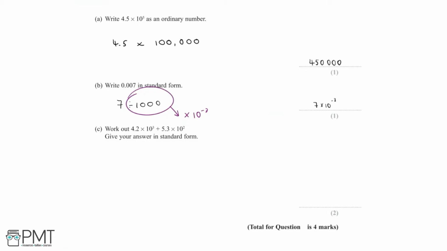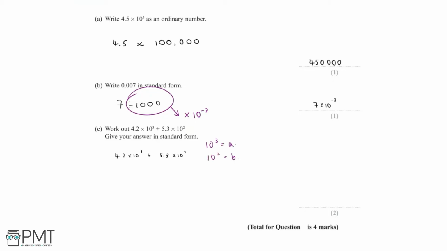Now finally in part C, we need to work out 4.2 times 10 to the power of 3 plus 5.3 times 10 to the power of 2, giving our answer in standard form. Now one way to think of this could be algebra. We can imagine that 10 to the power of 3 is equal to a, and 10 to the power of 2 is equal to b.